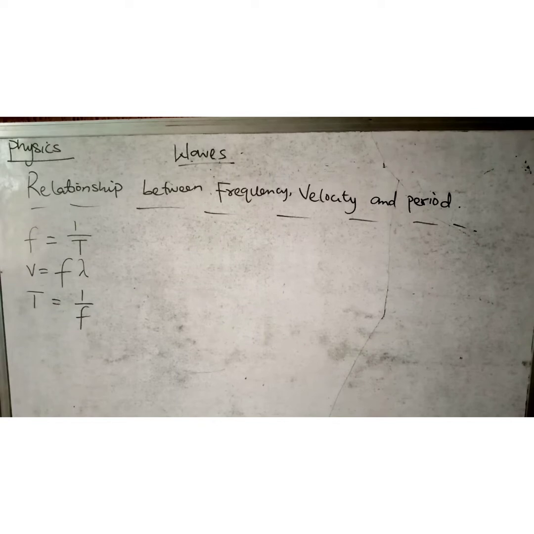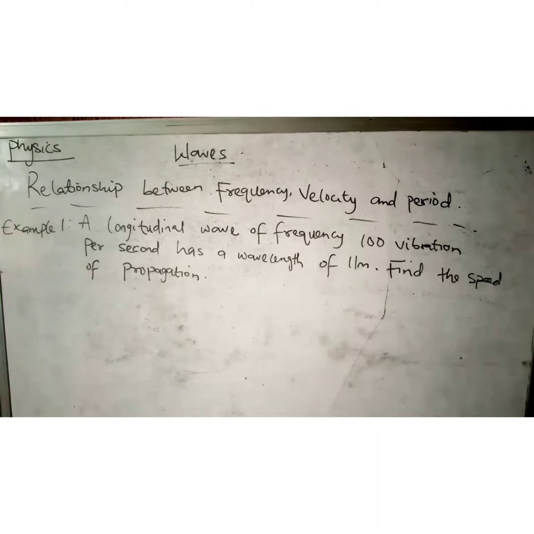Let us take some examples from the relationship between frequency, velocity, and period. Here is the question. A longitudinal wave of frequency 100 vibrations per second has a wavelength of 11 meters. Find the speed of propagation.